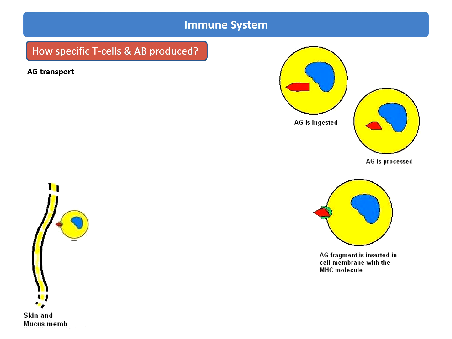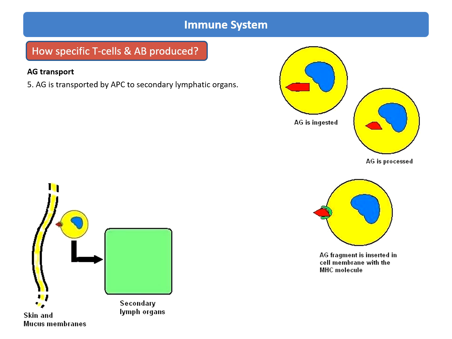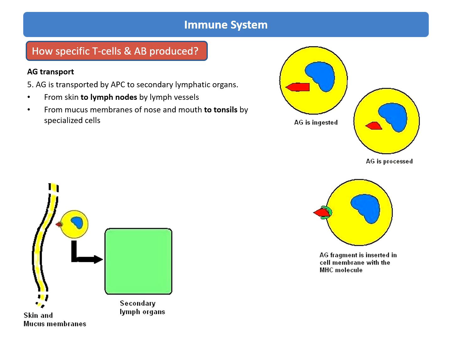Antigen transport then occurs. Step 5, the antigen is transported by the APC to secondary lymph organs, from the skin to lymph nodes because they're nearby. These are transported by the lymph vessels, from mucous membranes of the nose and mouth to the tonsils because they're not far away, from the mucous membranes of the intestines to the Peyer's patches.